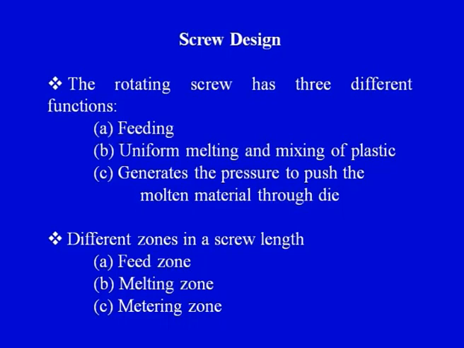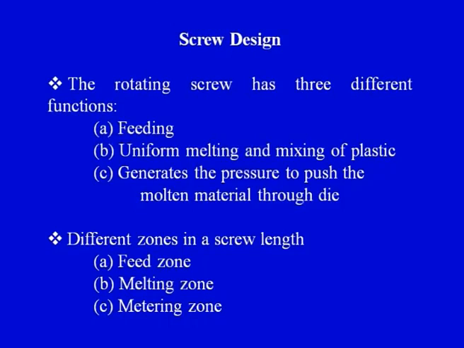That is the second zone, the melting zone, and finally it generates the pressure to push the molten material through the die. So it has to ensure feeding, it has to ensure melting, and it has to generate the pressure to push the molten material towards the die, and from the die finally a product comes out.